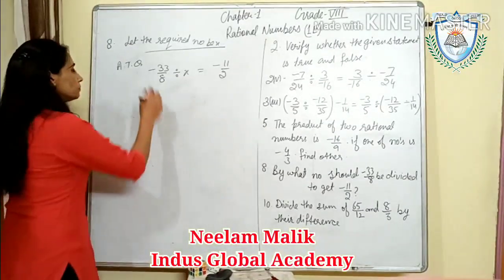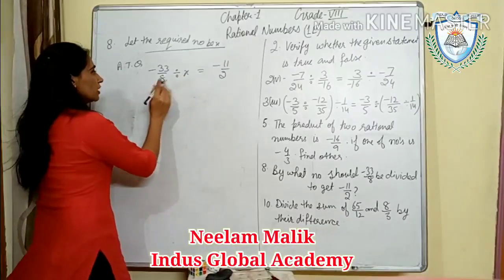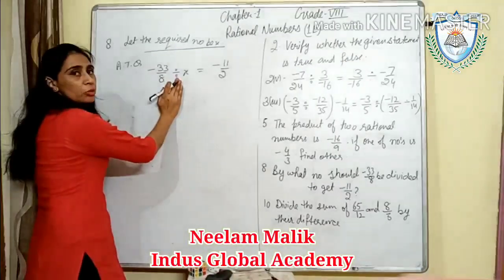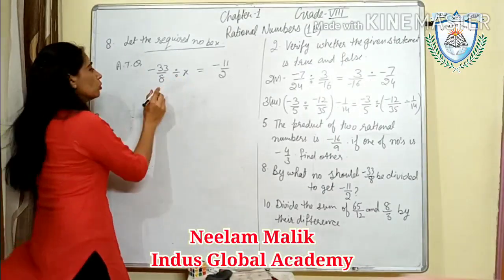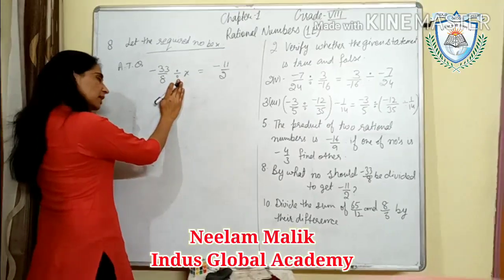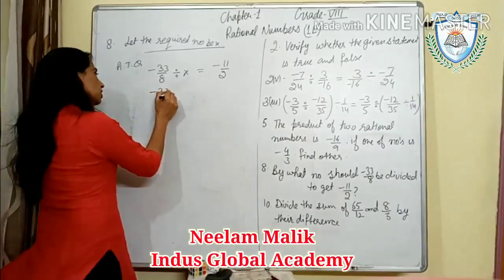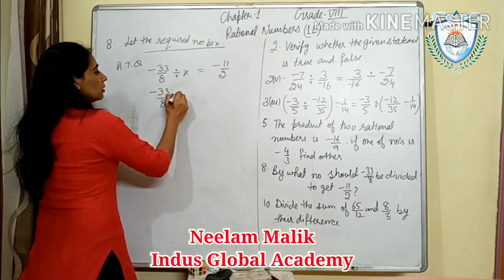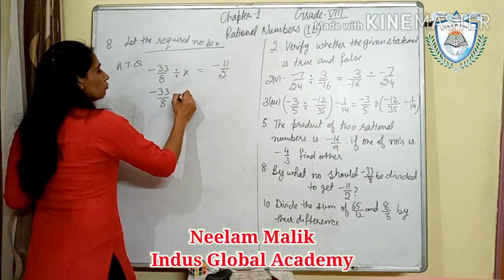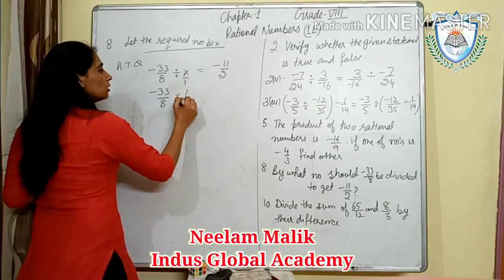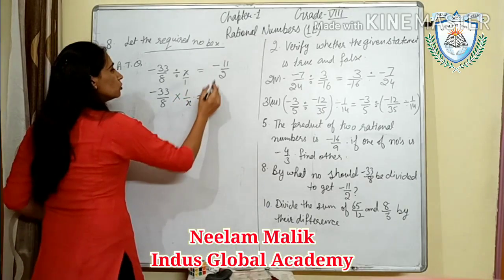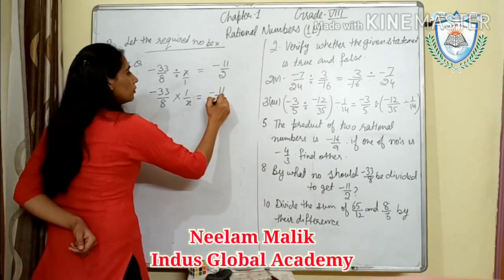Okay, so here first I will change this into multiplication. So minus 33 upon 8 multiply, it will be reciprocal, 1 upon x is equal to minus 11 upon 2.